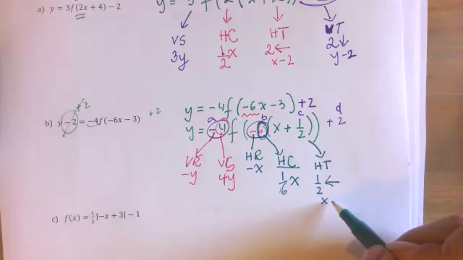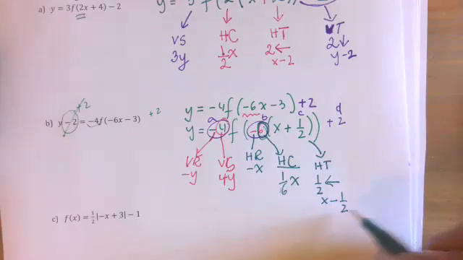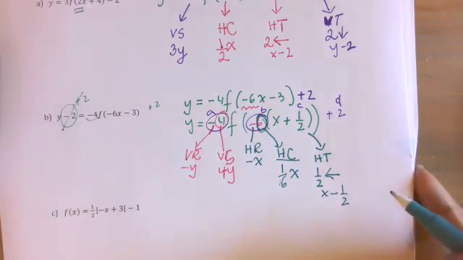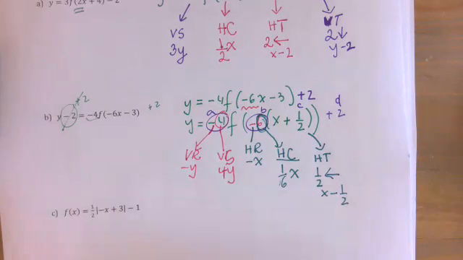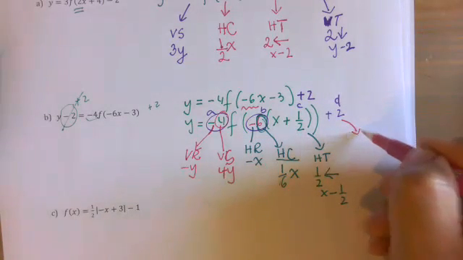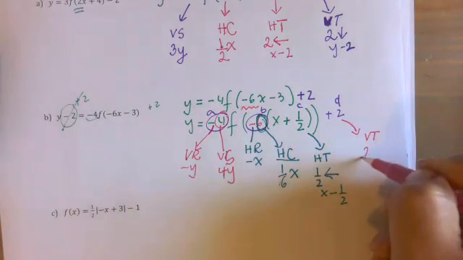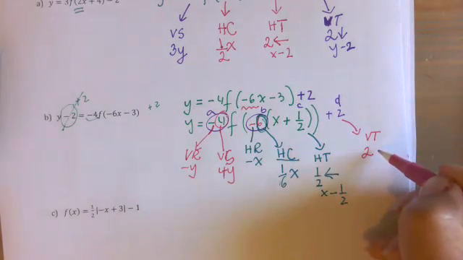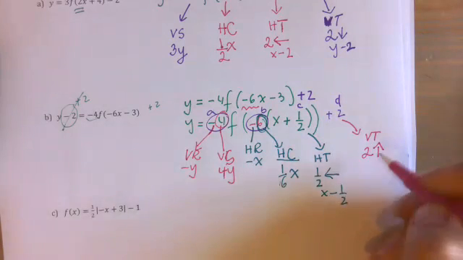So x minus 1/2. And lastly, we also have a vertical translation, 2 units. This one is going to go up. So y plus 2.